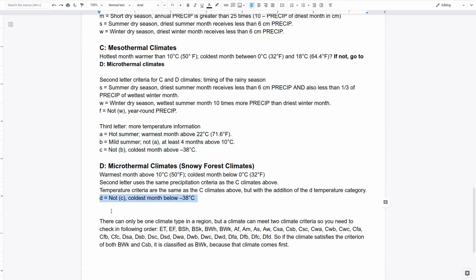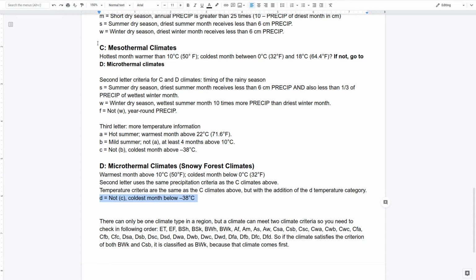The D climates are the only ones that have the lowercase d. It is impossible to have a C-whatever-D climate, right? Lowercase d as the third letter means that the coldest month is below -38. And to be a C climate, the coldest month in the winter is above freezing.